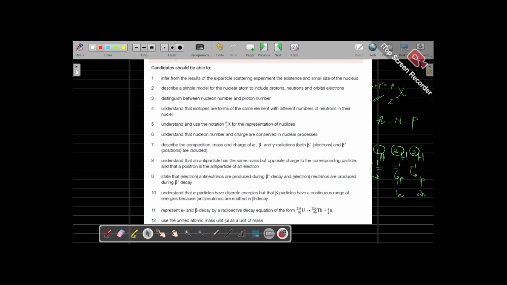And then the last we have is we have to be able to use u, that is unified atomic mass, that is the mass of one nucleon, जब भी हमारी mass से related कोई conversion चल रही होगी उसमें, that we can do.